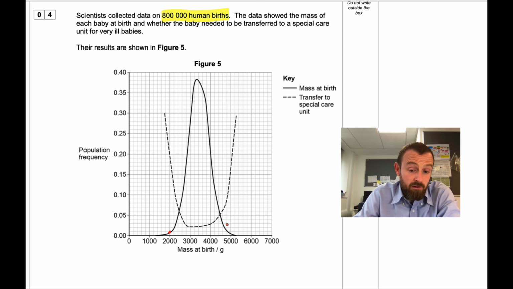And also babies that are very large, 5 kilograms for example, the same story. This right here in the middle is the mode, and probably also the median birth mass, which looks to be 3.15.